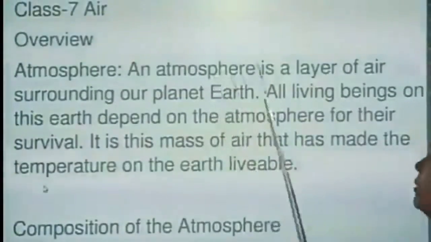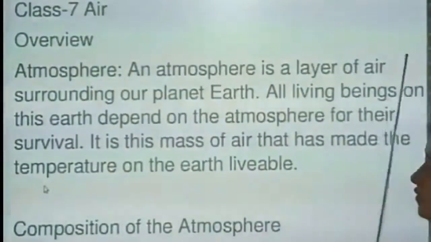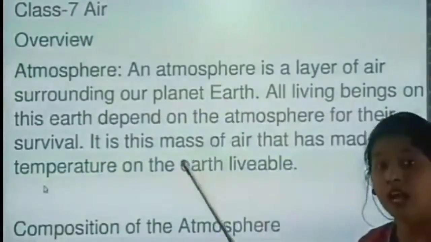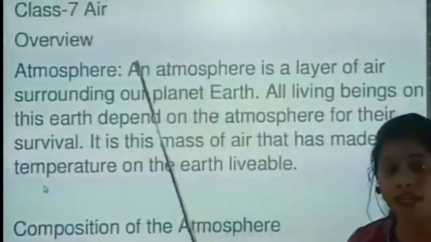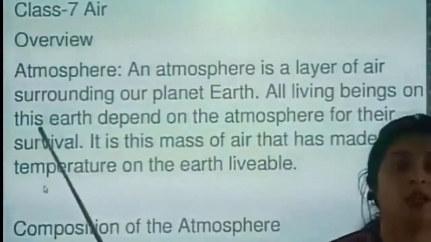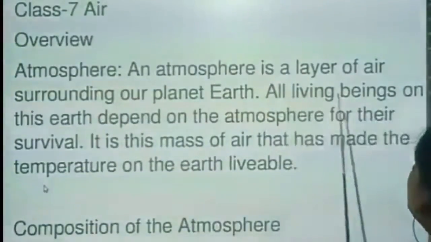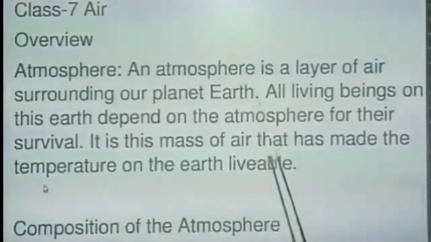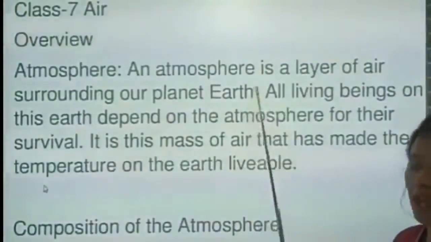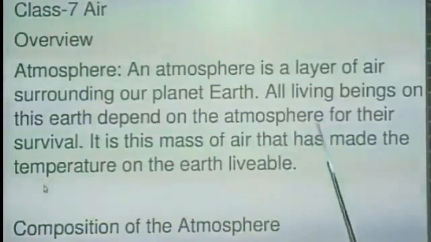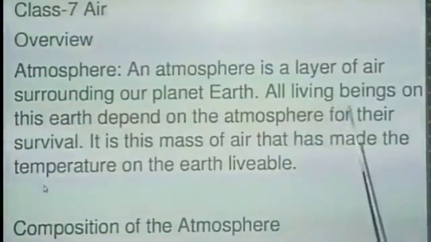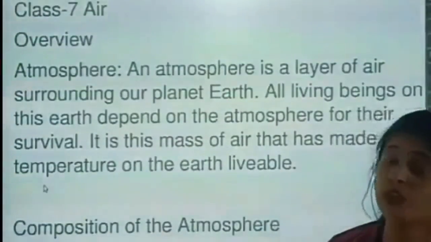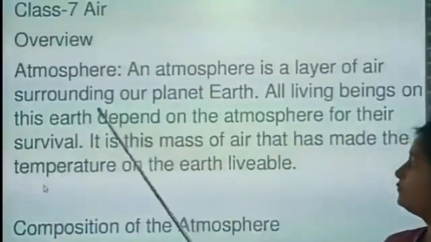An atmosphere is a layer of air surrounding our planet Earth. It means the atmosphere surrounds our Earth like a blanket. All living beings on this earth depend on the atmosphere. All living things like plants, animals, we all depend on the atmosphere for our survival, because without the atmosphere we can't survive.